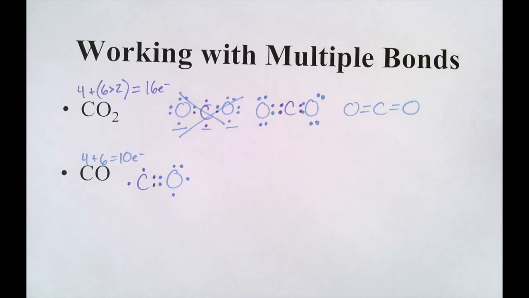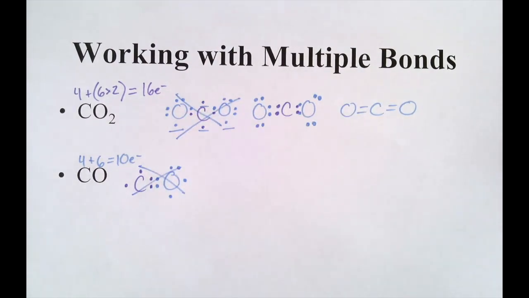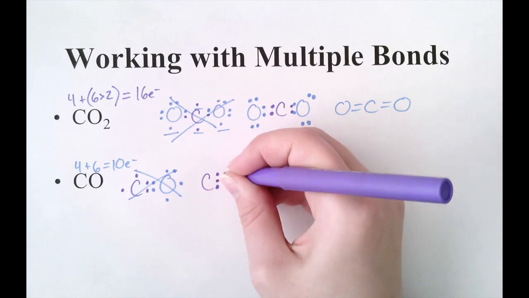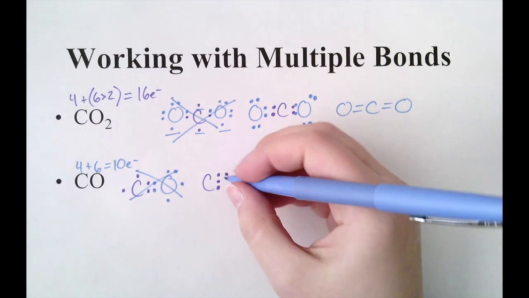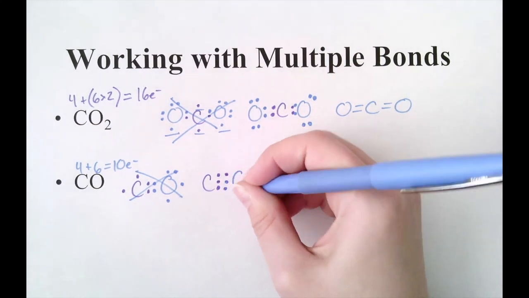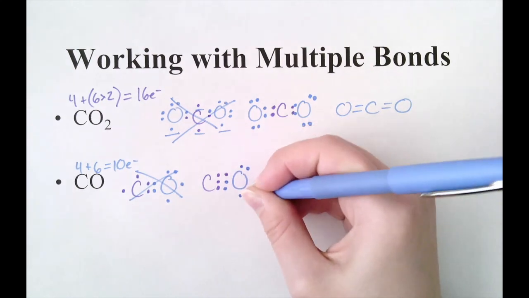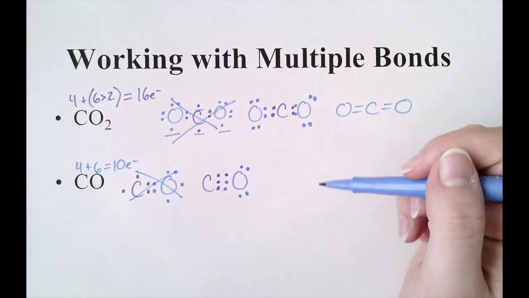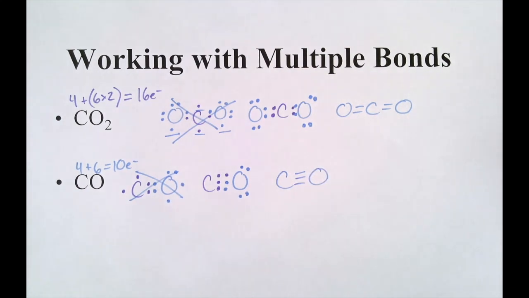So carbon and oxygen are actually going to need to share 3 sets, 3 pairs of electrons. So this is what your accurate Lewis structure for carbon monoxide should look like. Its structural formula would look like this.